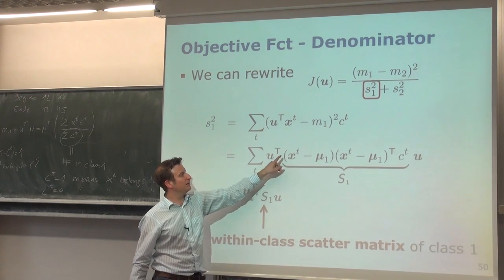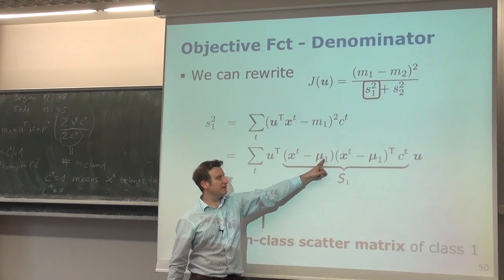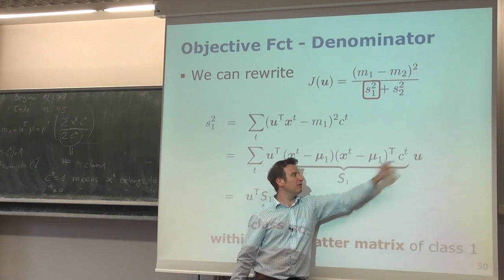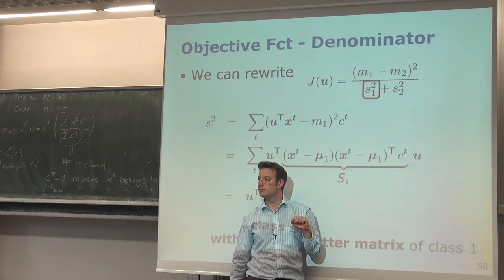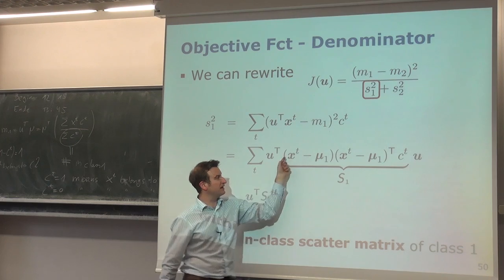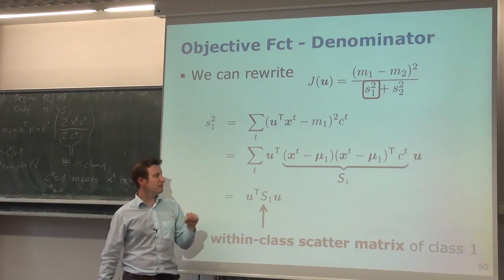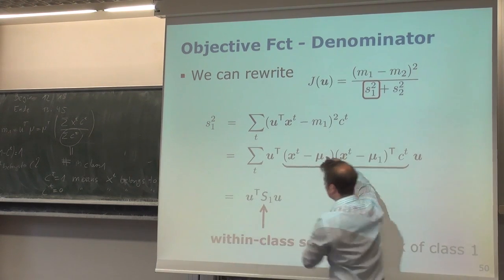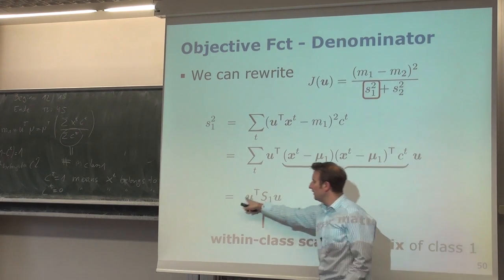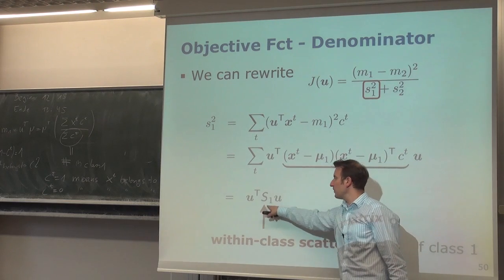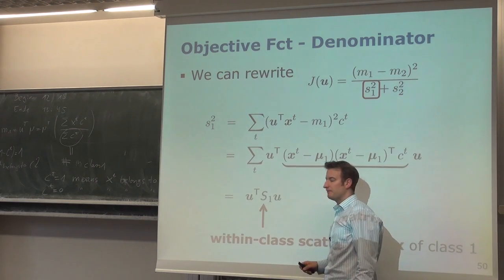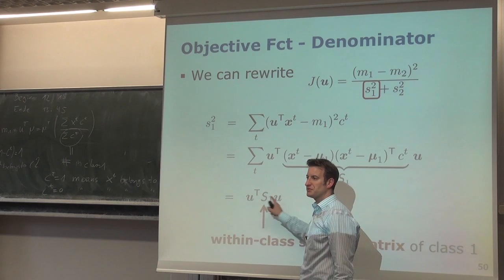So I have u transposed, x minus the mean, x minus the mean transposed, only computed for those elements which belong to class number 1. So just take the data points, subtract the mean, transposed, and then again I have a quadratic form which is called the within scatter matrix, because this is now the scatter within the class. Again, a quadratic form, a function which is quadratic in u.